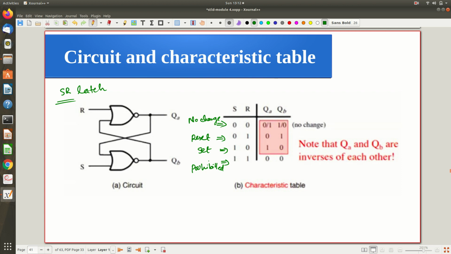This table is what we call the characteristic table of the SR latch. For further latches and other devices, we will go through this faster. Here I spent more time to help you understand how it is actually working. In the textbook, you will see the circuit diagram as well as the characteristic table, and it may be hard for you to visualize things.